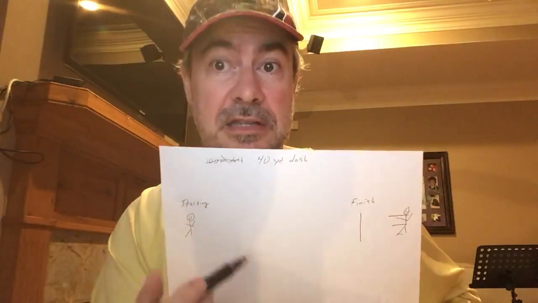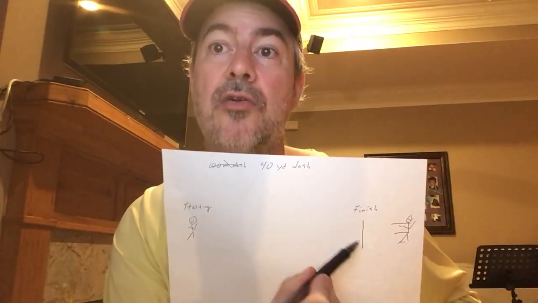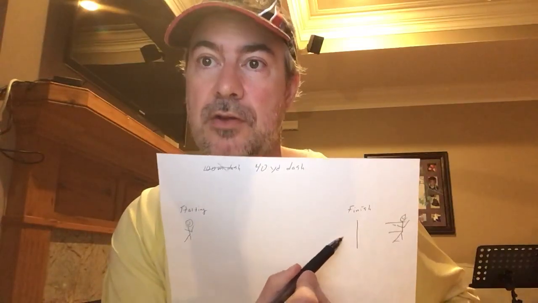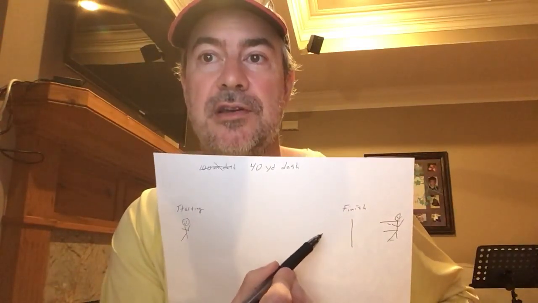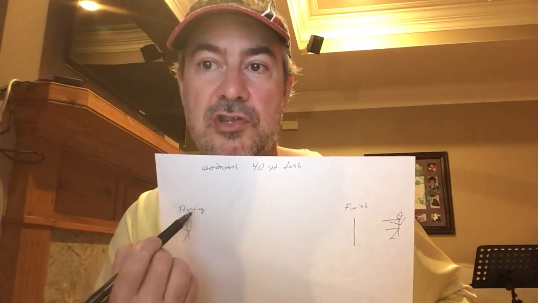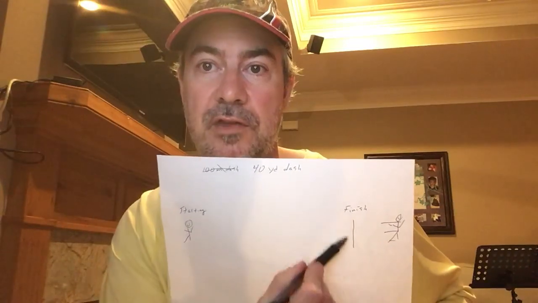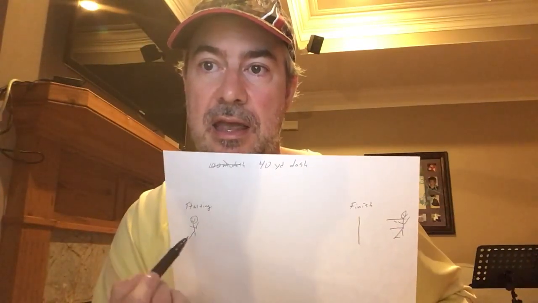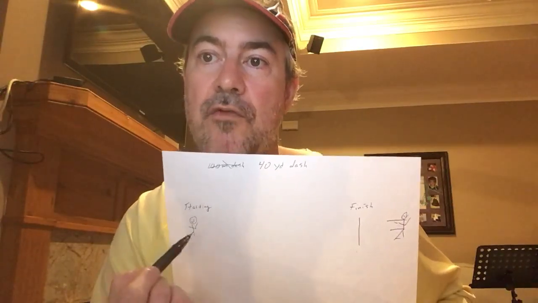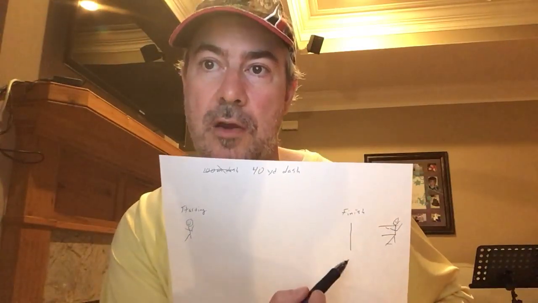My test stopped when I reached this other point, this other position. So the 40-yard dash isn't necessarily where you are. It's where the starting line is and where the finish line is, and how you change positions. You go from here to there.